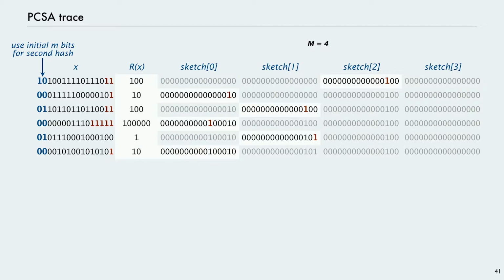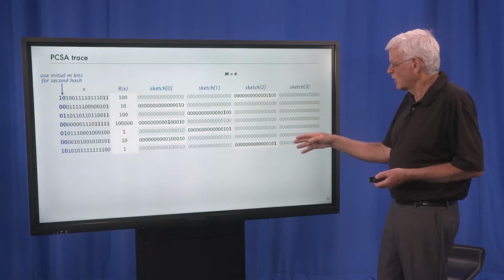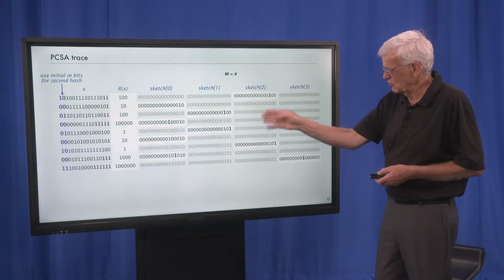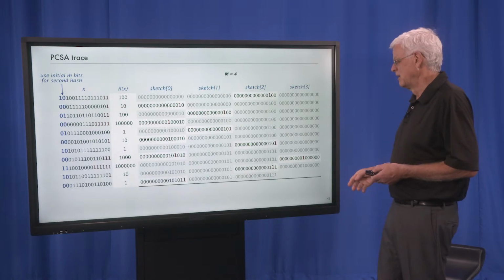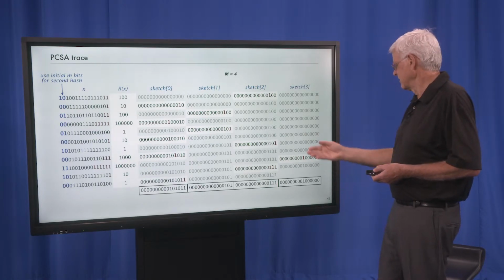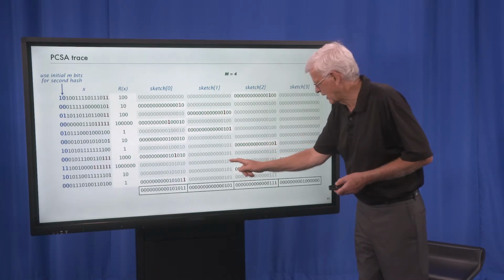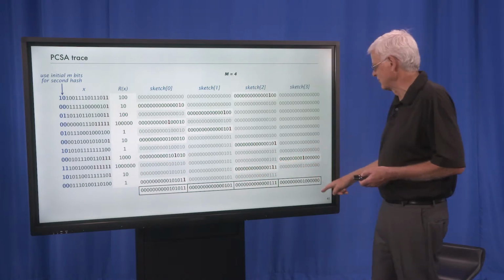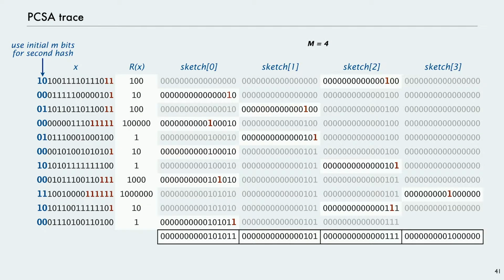Continuing in this way, we have 4 different streams determined by the first 2 bits. At the end, we have 4 different sketches, and the r values of those sketches are what matters. Then average those and take 2 to that power. That's your estimate of the number of different values.